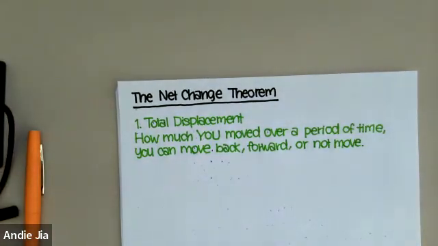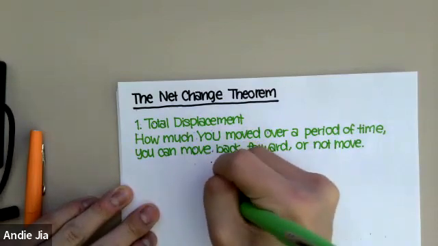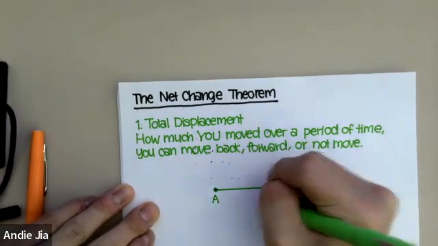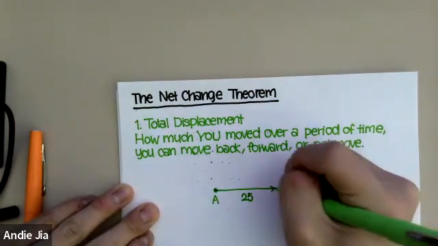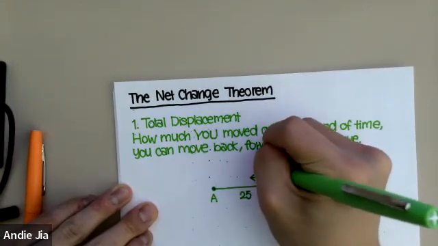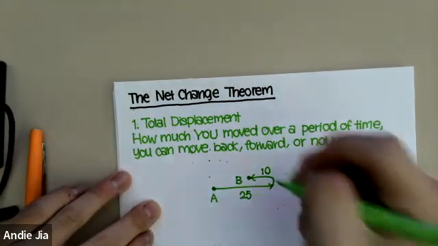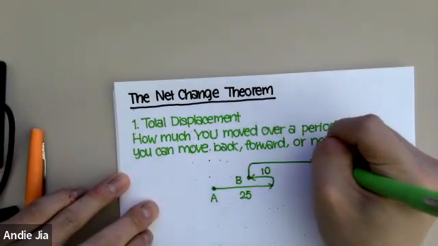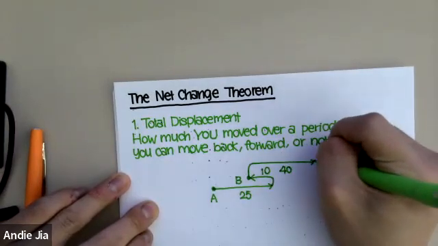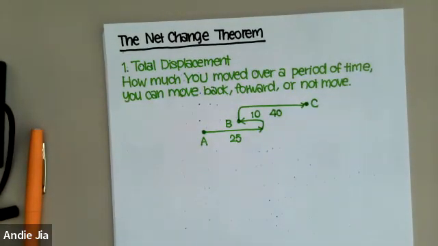But you consume calories, consume energy. So if you start at point A, move right 25 meters, then move back 10 meters, and that's point B here. And then you move up 40 meters to point C. So the total displacement is 40 plus 10 plus 25, it is 75 meters.